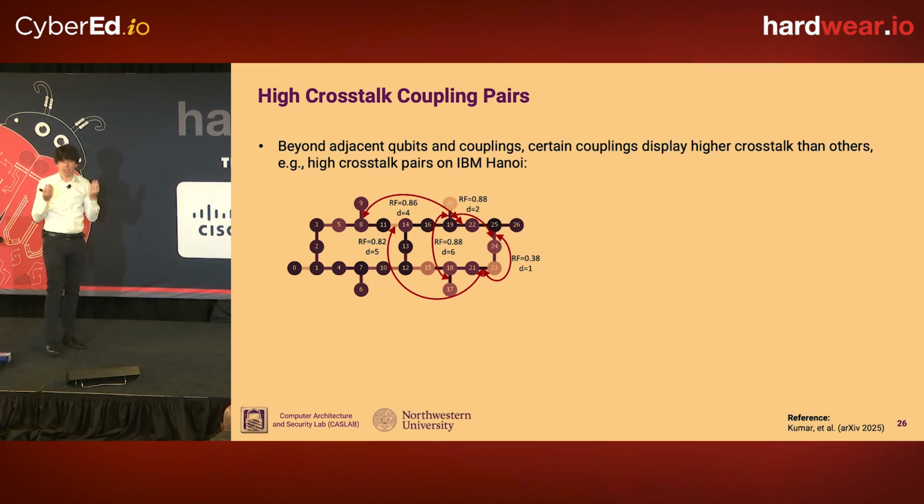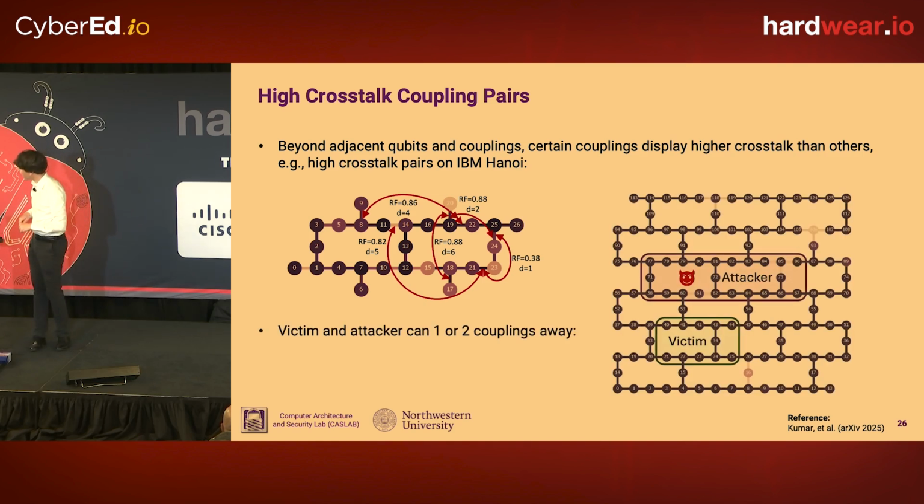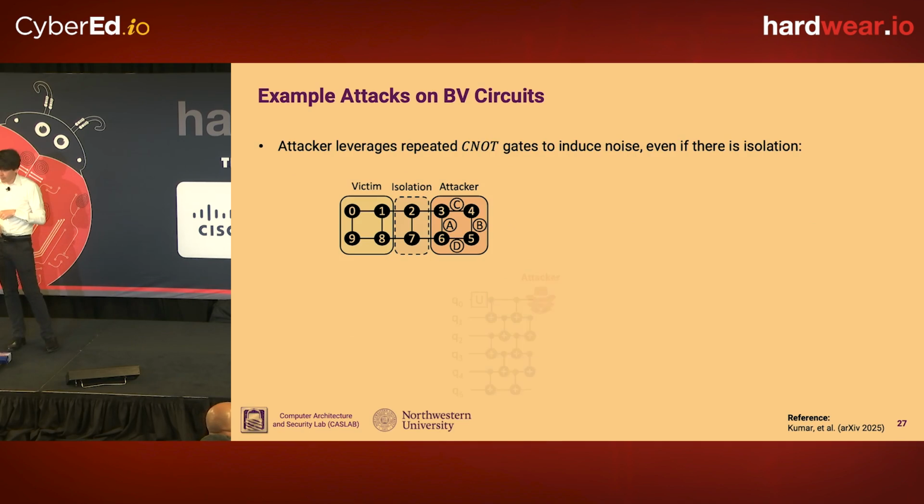They're not next to each other in the topology. So through some coupling through the substrate, or maybe due to the layout of the qubits, even though they seem logically far apart, you can disrupt their computation. So the attacker and the victim don't have to be adjacent on the quantum chip. Even if you separate them, they could still affect each other.